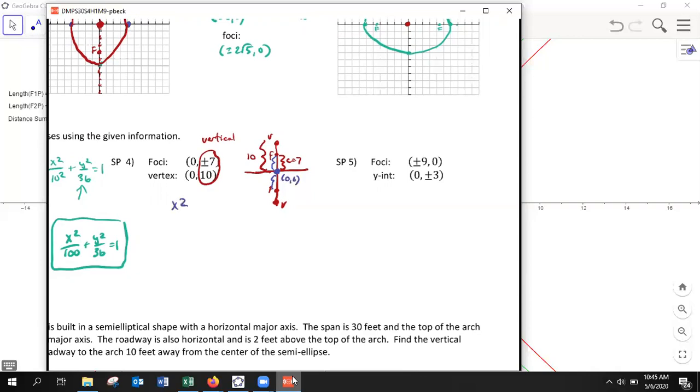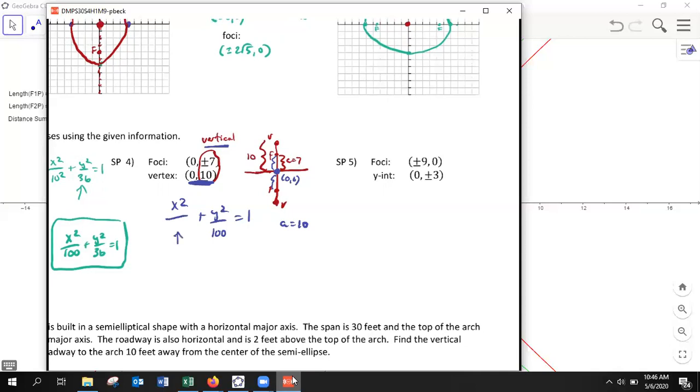So we could say x squared over something plus y squared over something equals 1. So what goes with what? We know that A has to be 10 because that comes from the vertex. If A has to be 10 and it's a vertical orientation, the 100 will go with the y squared.